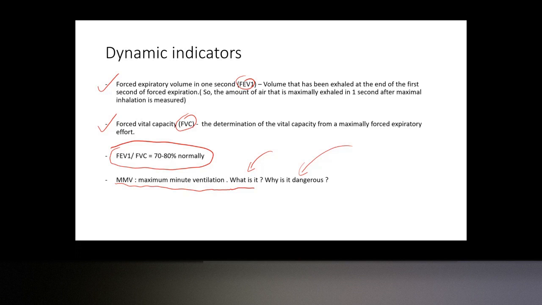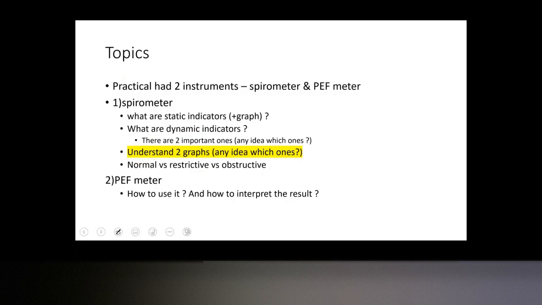The values of vital capacity and forced vital capacity would be the same. So we can use these to calculate this ratio, which we will later use to differentiate between obstructive, restrictive, and normal.